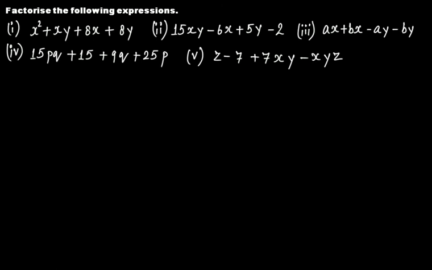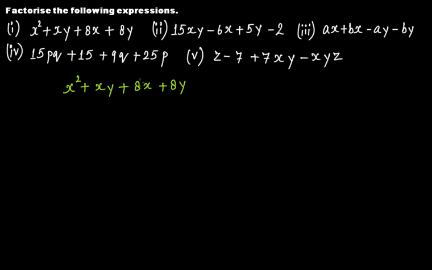Now here you have another five algebraic expressions and you have to factorize them. First one is x squared plus xy plus 8x plus 8y. Okay, now how will you do this? Clearly, this cannot be solved by the method of common factors, because amongst these four terms, there is not a single common factor.